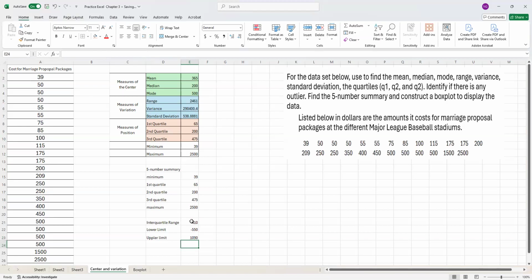Hit enter. Now, is there any data that falls above 1090? Yes, two data points fall above 1090. So what you can conclude here is that two observations fall above the upper limit.